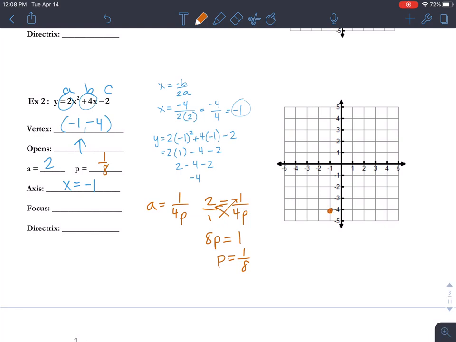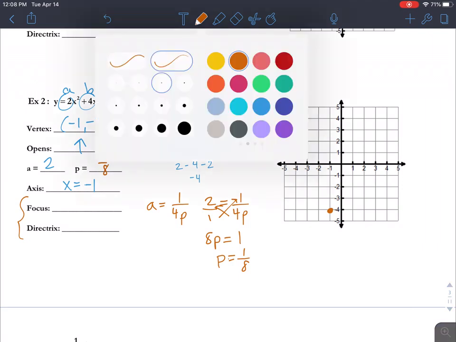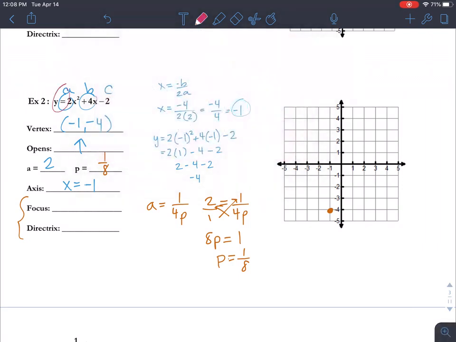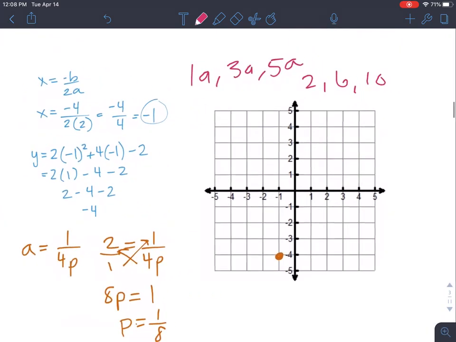So again, I usually just save this and do it visually. So negative 1, negative 4, we have an a value of 2. Okay, our a value of 2 for 1a, 3a, 5a gives us 2, 6, 10. So let's see what works here. Up 2 over 1, up 6 over 1, 1, 2, 3, 4, 5, 6.